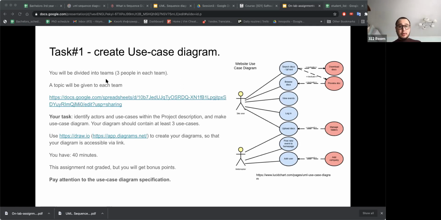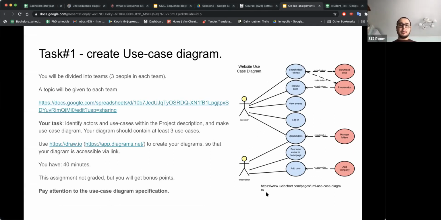It will be divided into teams, let's say 3 people in each team. If we have some more people, there might be some exceptions in the number of people in the last group. A topic will be given to each team.